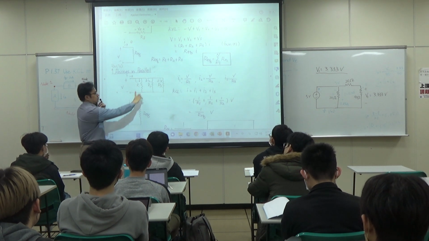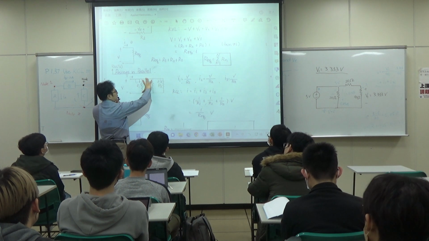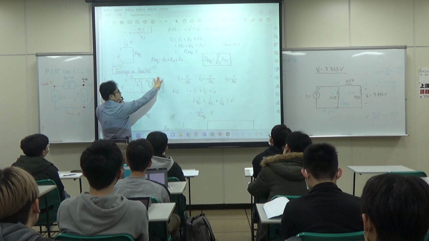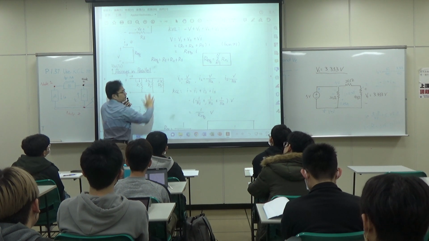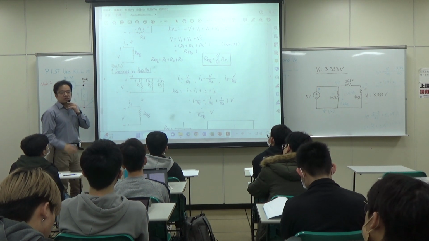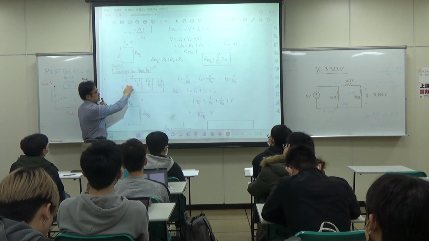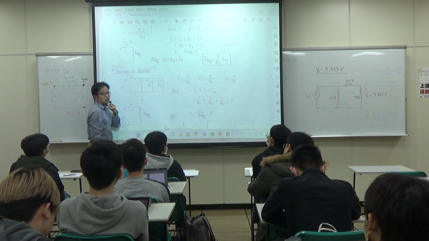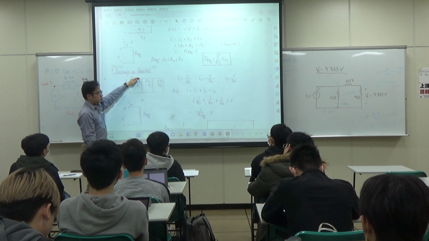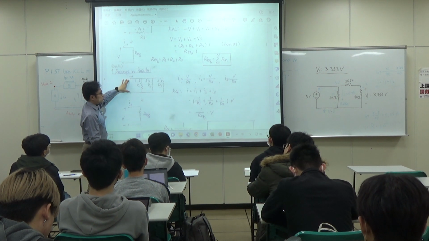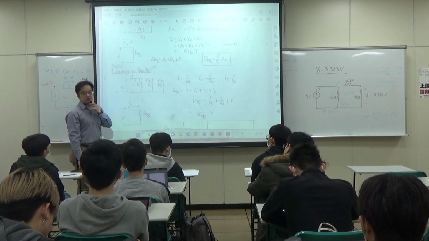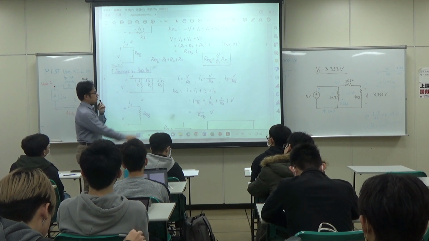It means the voltage across R1, voltage across R2, and voltage across R3 are all V. They are all V because they are in parallel, they share the same top node and bottom node, so they share the same voltage difference.